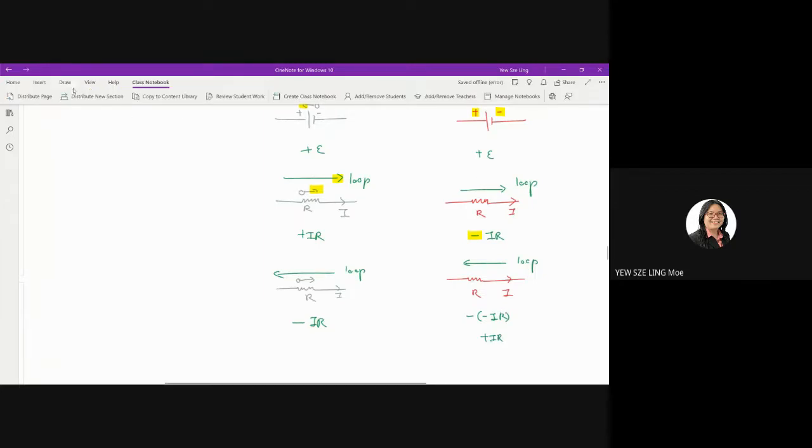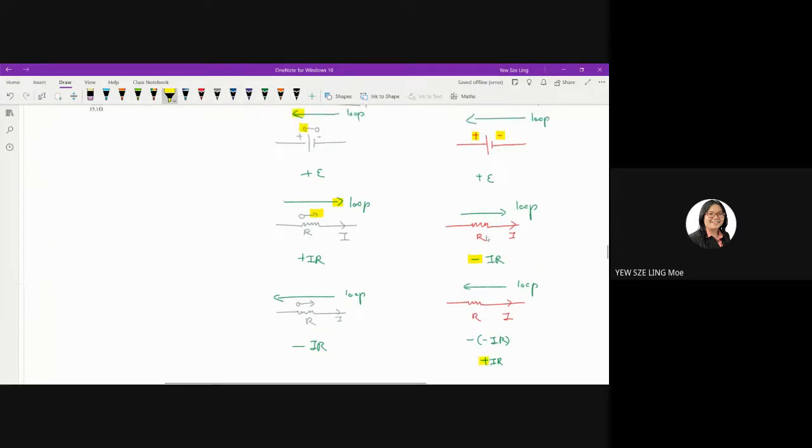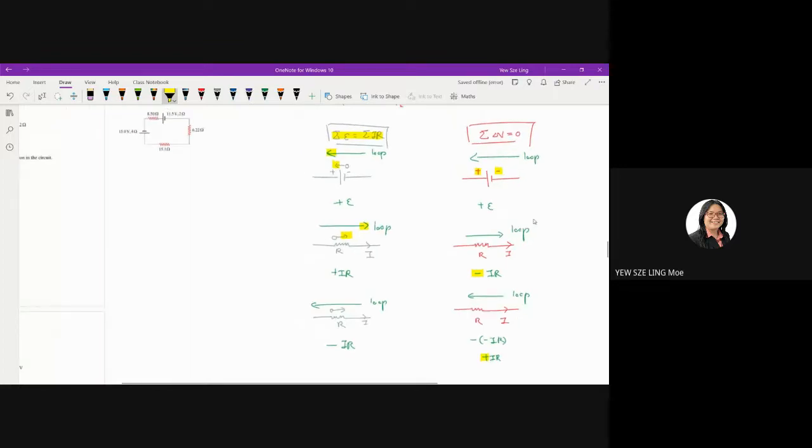So you have a positive right here. That is the difference between these two equations. It doesn't mean that either one is wrong. Both of them are correct. It depends on which one you use. Dia terpulang pada mana satu kamu guna.